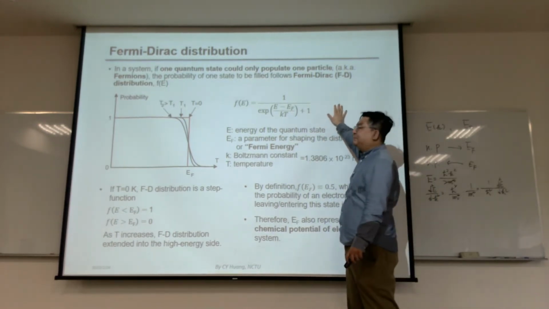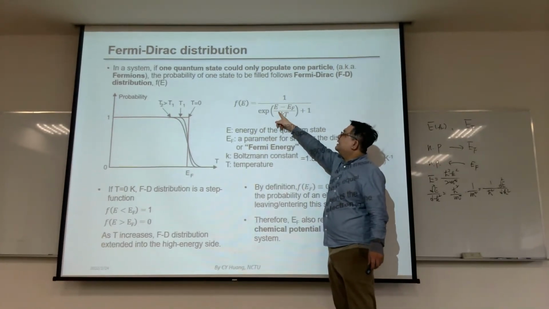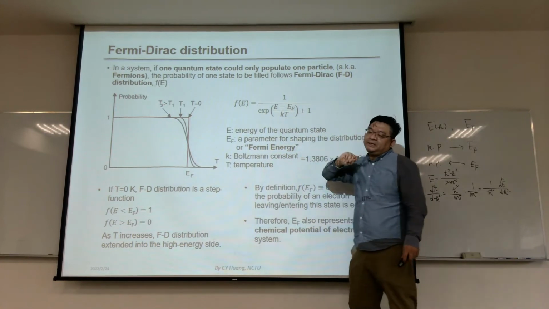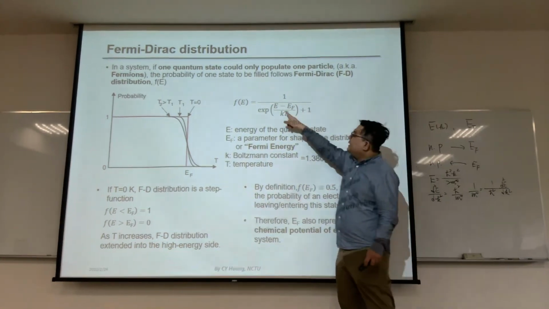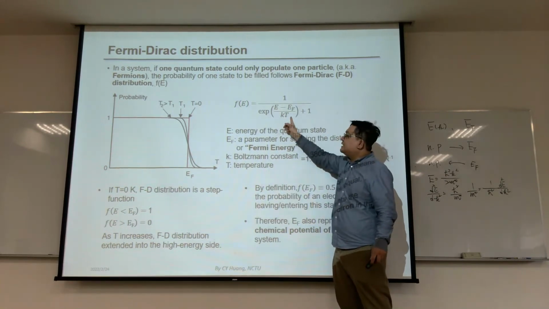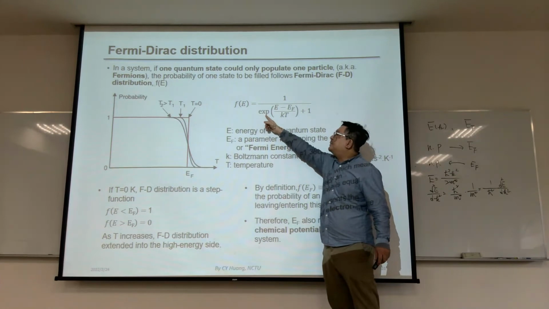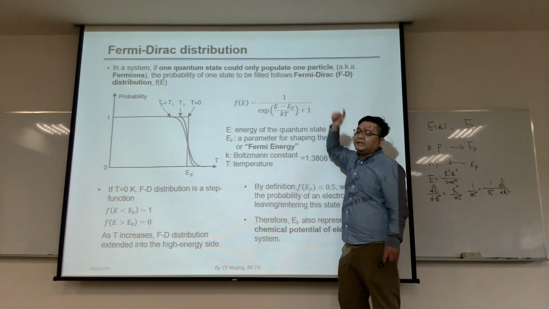It is 1 divided by exponential of E minus EF divided by kT. E minus EF is a form of energy, and kT is energy, so this is a unitless value. Then you take the exponential plus 1, then take the inverse.